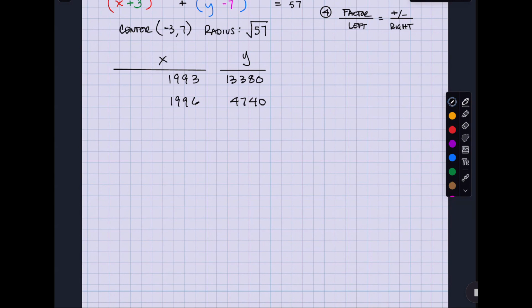Gee, I wonder what X would be with 1996. So if this is X equals 0, this would be what? Why would it be negative 3? Because the years go backwards?